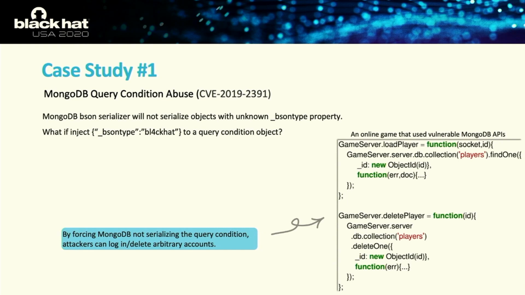So as an attacker, by injecting an unknown BSON type, such as black hat, into the user input, the attacker can force MongoDB not to serialize the query condition. So MongoDB will always return the first user in the database. With this ability, the attacker can log in as or delete arbitrary users in the database.